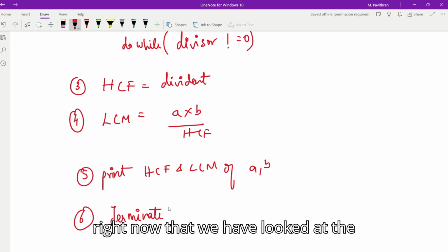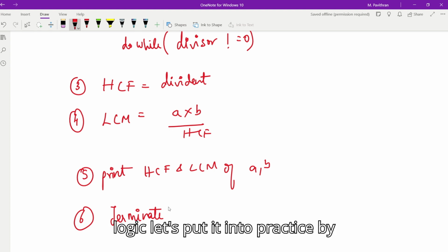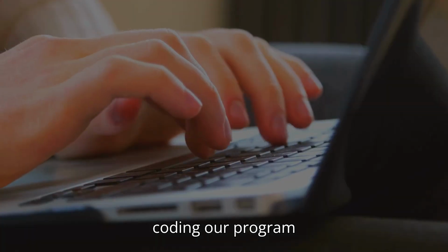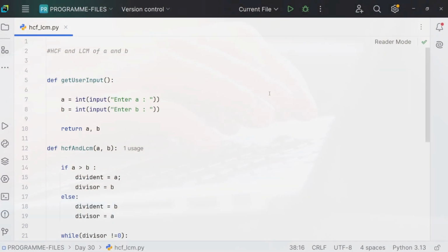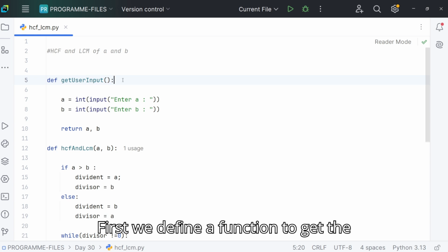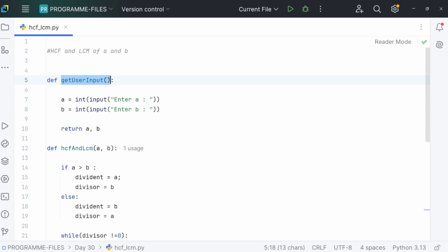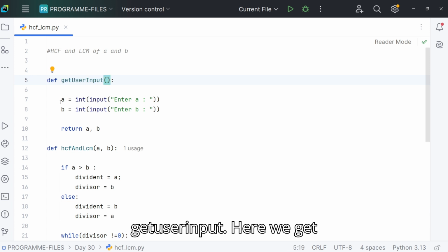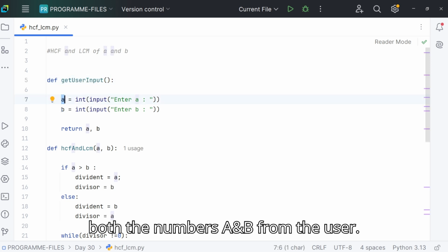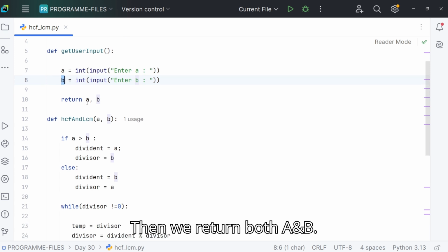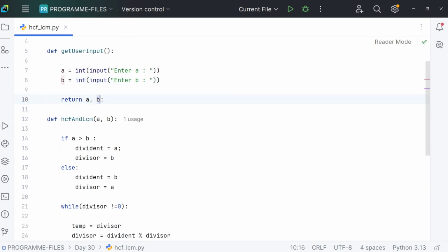Right. Now that we have looked at the logic, let's put it into practice by coding our program. First, we define a function to get the user's input. I name the function getUserInput. Here, we get both the numbers a and b from the user. Then we return both a and b.